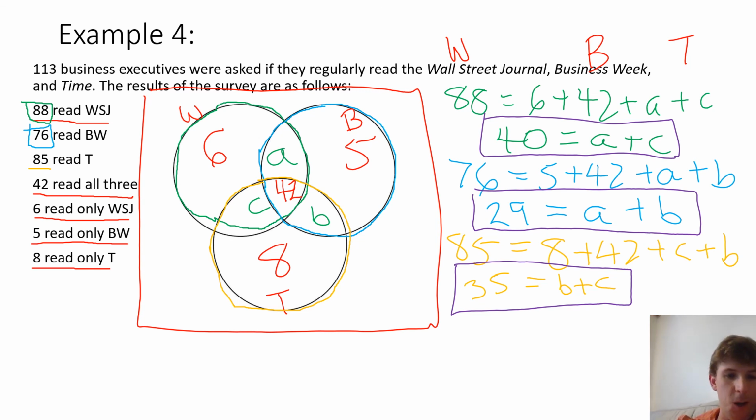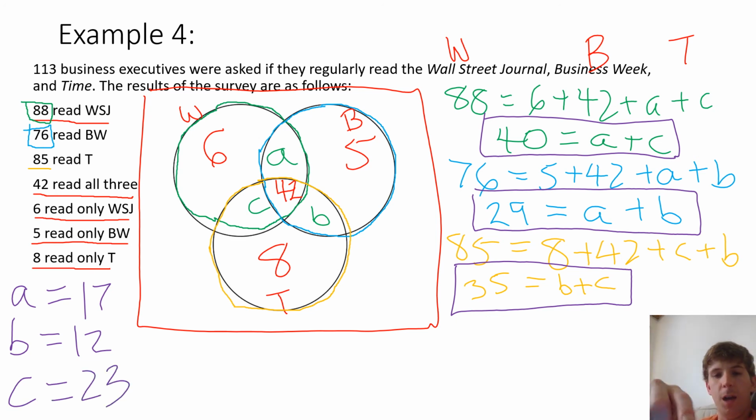But if you do solve all 3 equations, you end up getting A equals 17, B, that's an ugly B, B equals 12, and C equals 23.